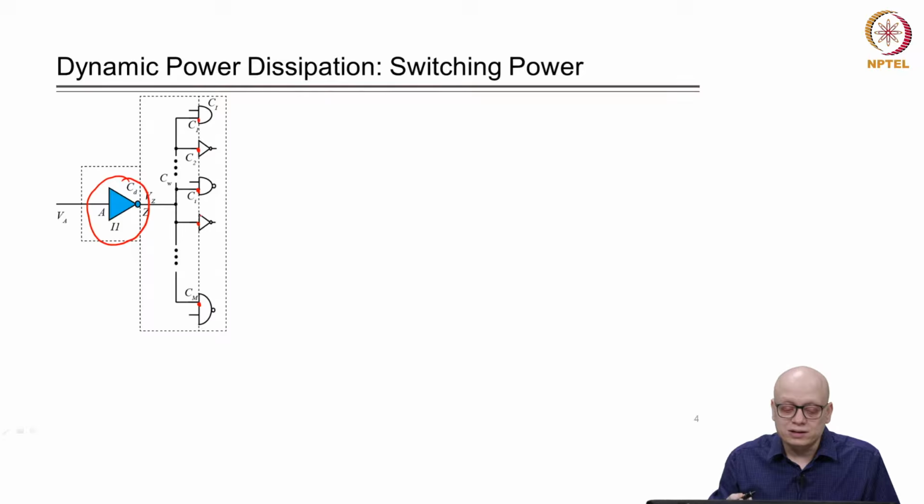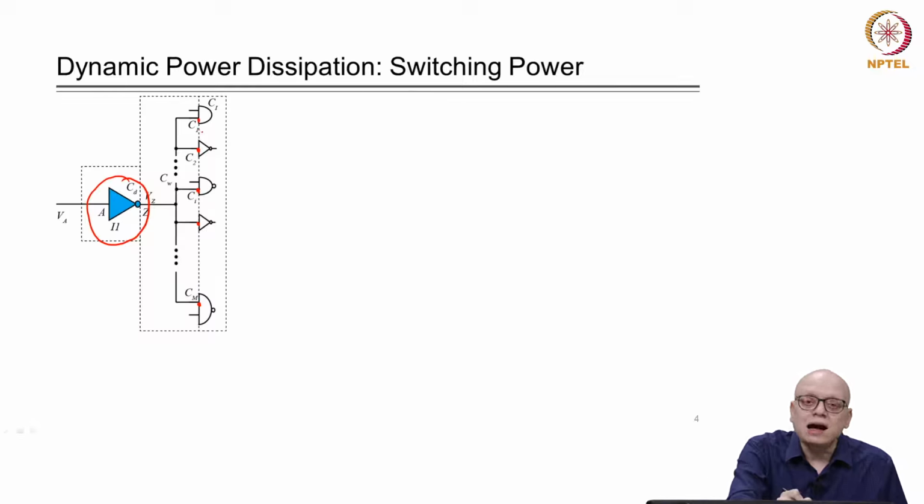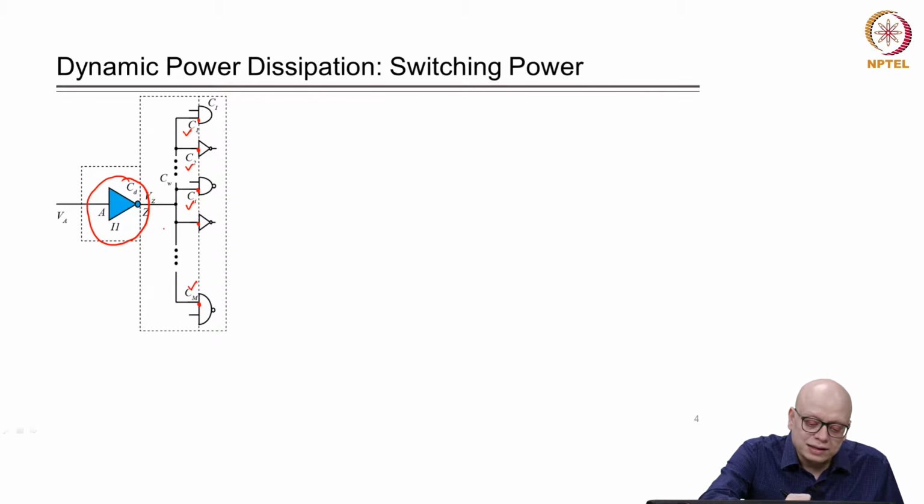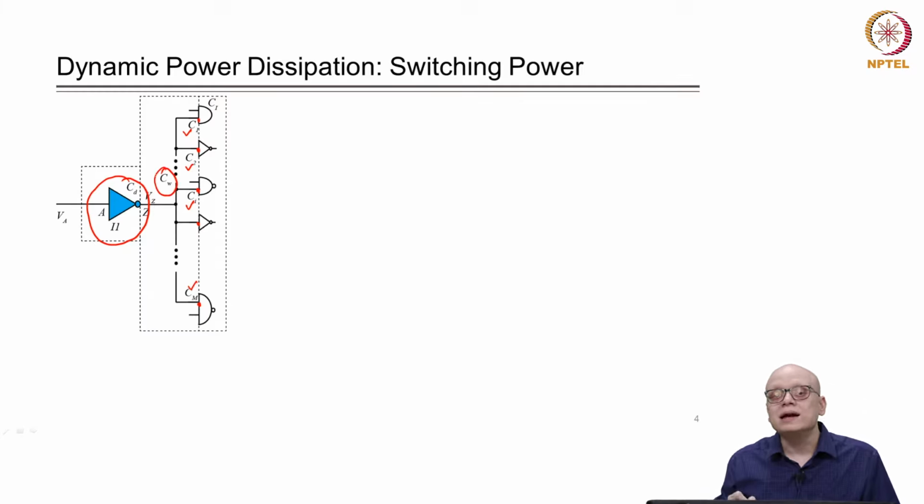Each load pin shows an input capacitance Ci. So, this is C1, this is C2, and these are input capacitances of the pins which are driven by this inverter. Suppose it is driving these loads through a wire, and the wire also has a ground capacitance, which we say is Cw.